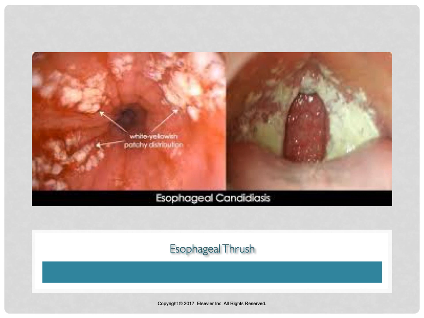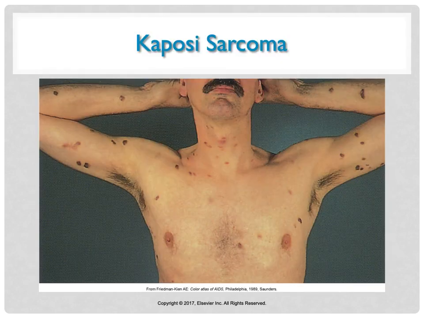And it's one of the more common infections associated with thrush, is that it's spreading down into the gastrointestinal area. It rarely causes problems in healthy adults, but it's very common in HIV-infected patients.